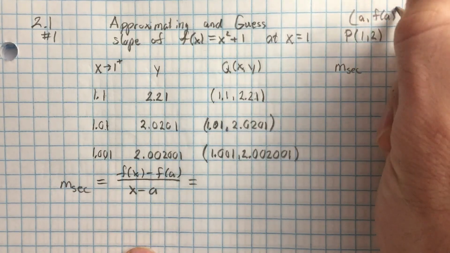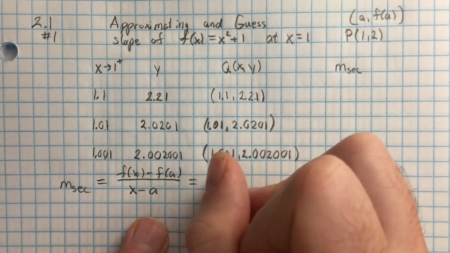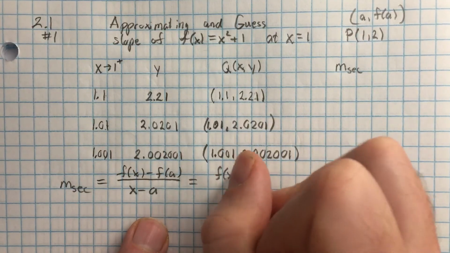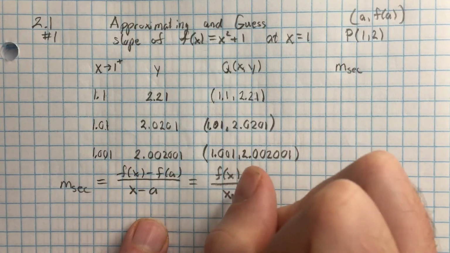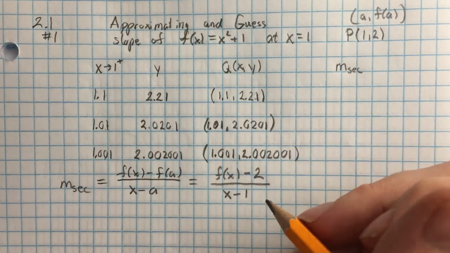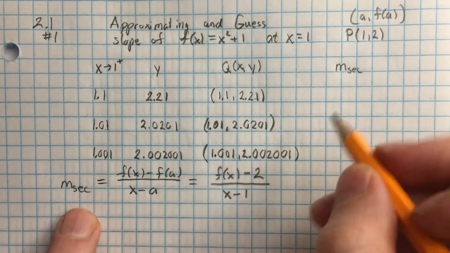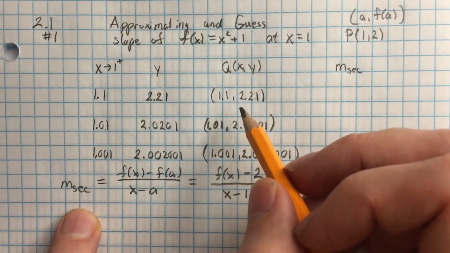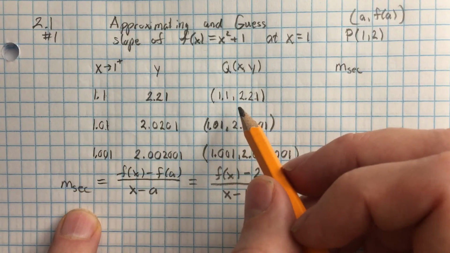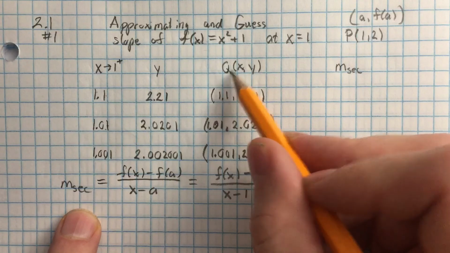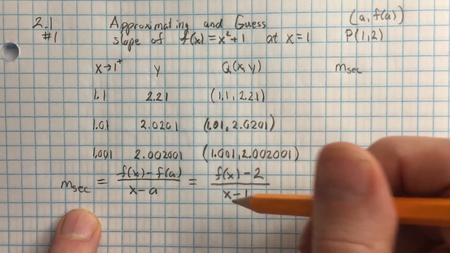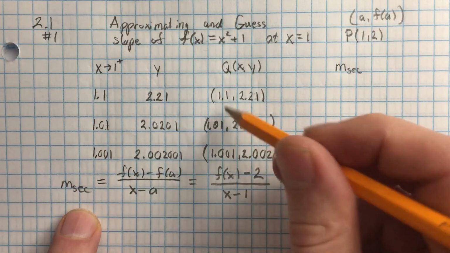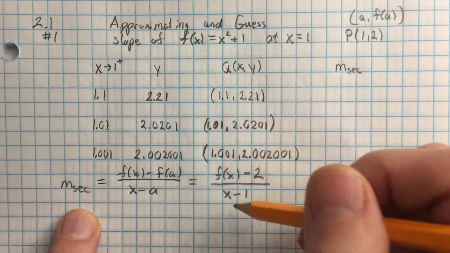It's (1, 2). So I'm just going to fill those in. So now we have f of x minus 2 over x minus 1. Right? And now we're just filling in for each of these rows in the table. I'm going to use Q as the second point to work with. So x and y here are going to be 1.1 and 2.21 respectively.